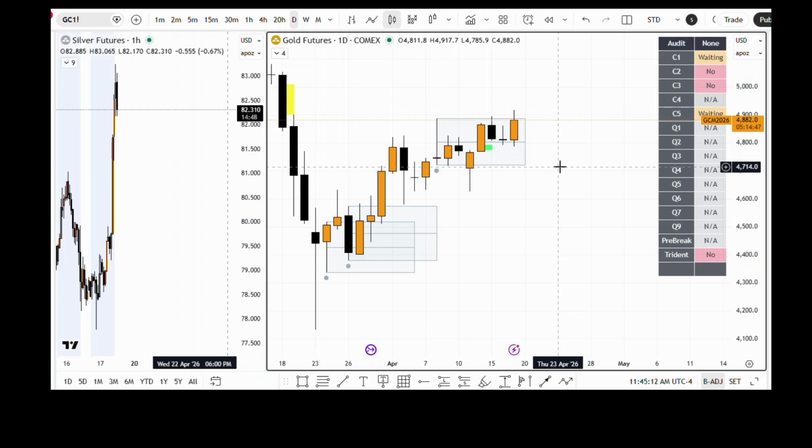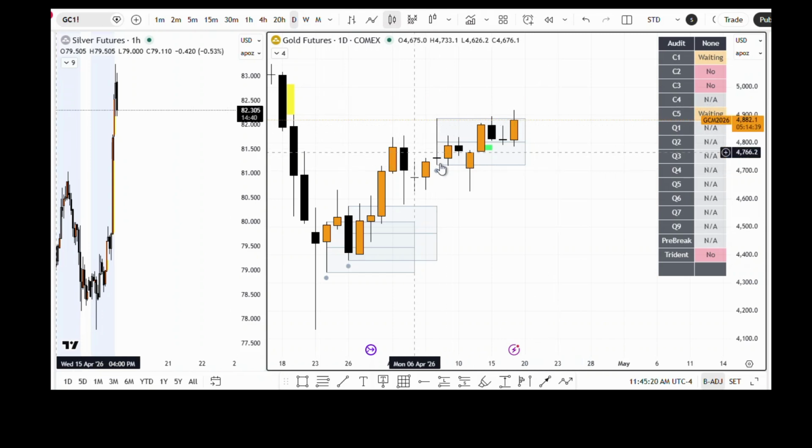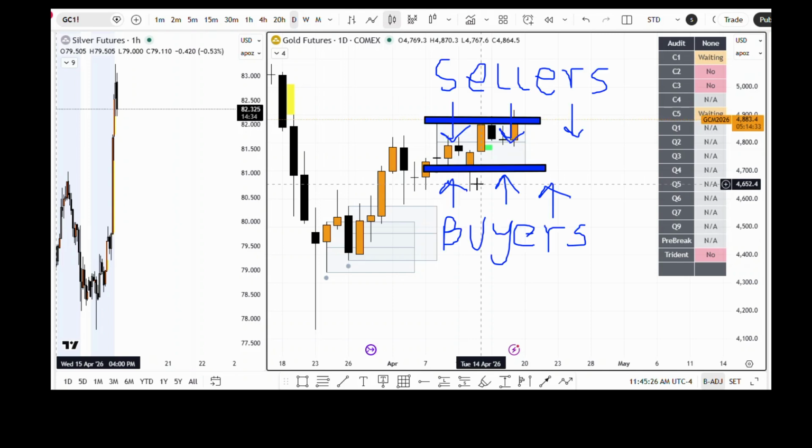It's basically a level where buyers and sellers are kind of in a battle. So below the equilibrium, in this case on the daily here, you've got aggressive buyers, and above the equilibrium, you've got aggressive sellers. And what we're waiting for is someone to take charge, right?